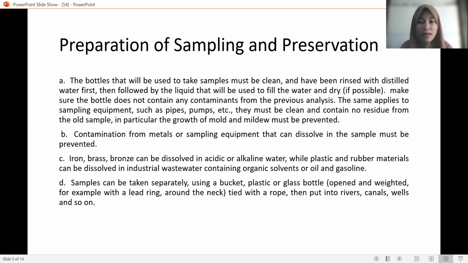Often the bottle is weighted at the end, for example with a ring around the neck tied with a rope, then put into a river, canal, well, and so on.